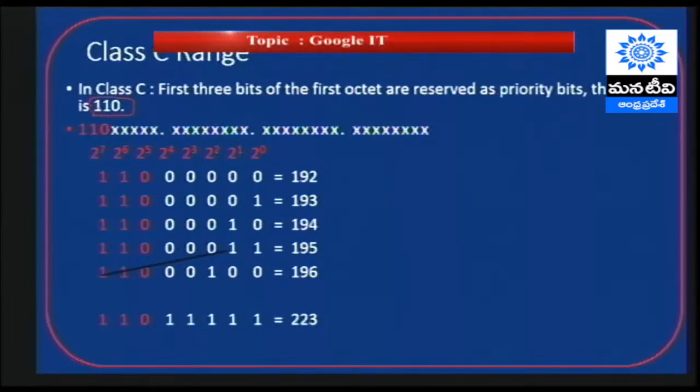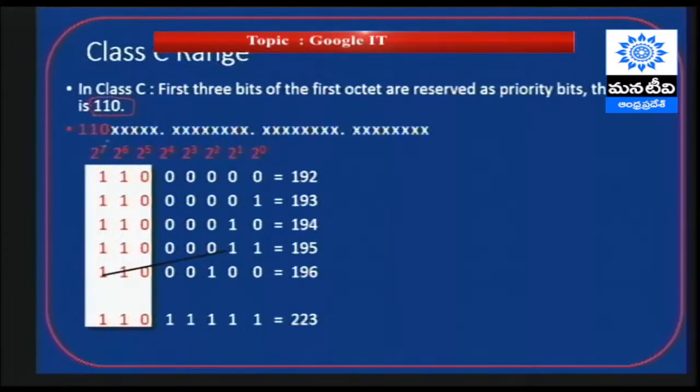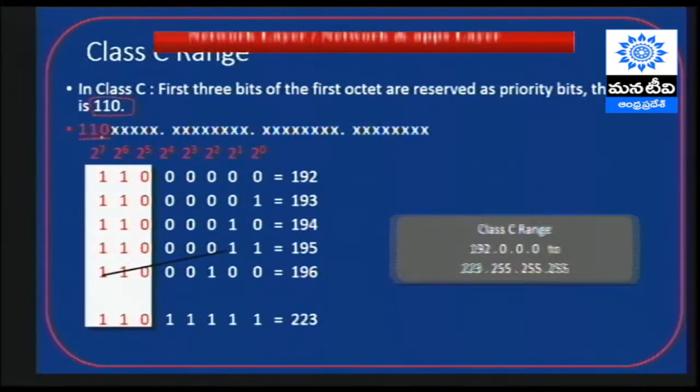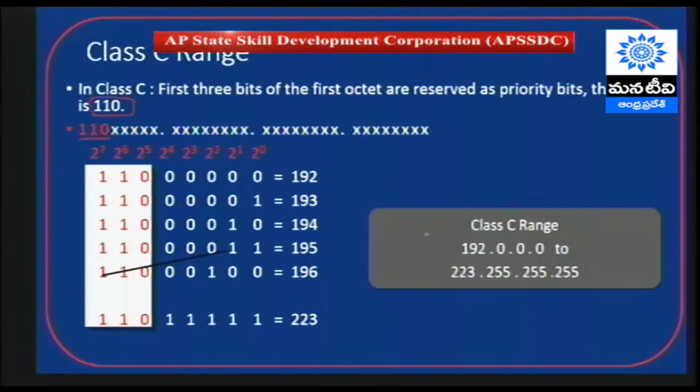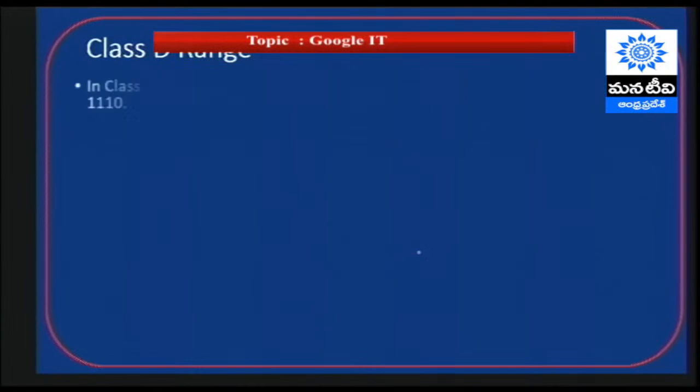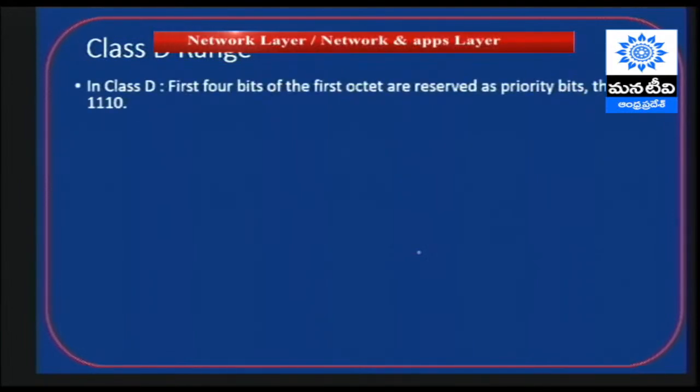This is the range for class C. You can see the priority bits 110 are reserved, and the range of class C is from 192 up to 223. Just a quick reminder, we have discussed class A, B and C as the only addresses that we use in our networks today, whereas class D and class E are reserved and cannot be used.